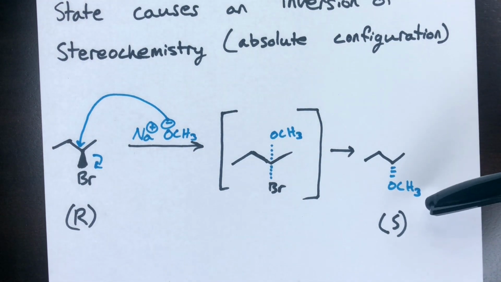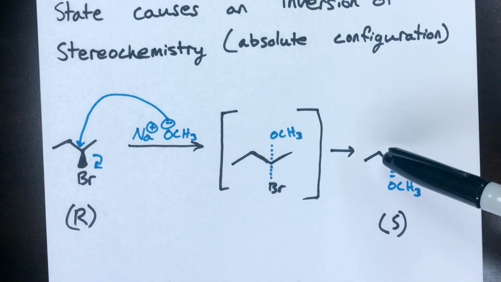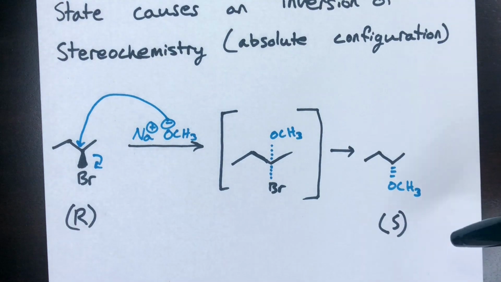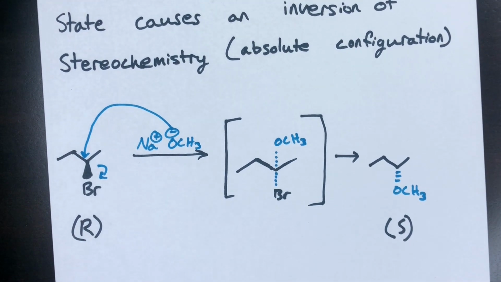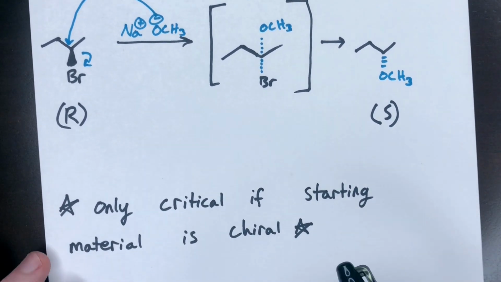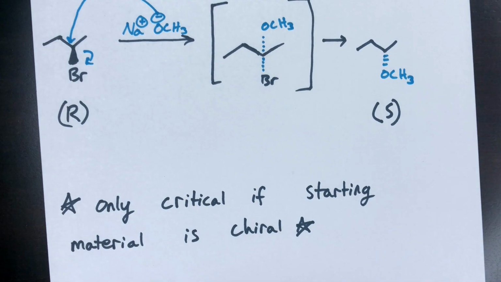So then when we look at our absolute configuration, it has oxygen, ethyl group, methyl group. That still looks like R, but now the hydrogen is in the front, which makes it S. Now, this is important, but keep in mind that this is only critical if the starting material is chiral.